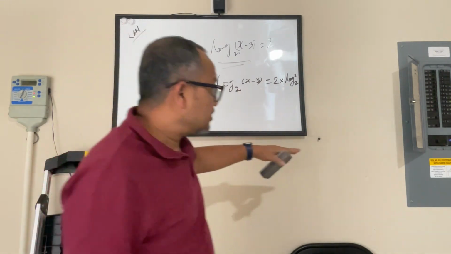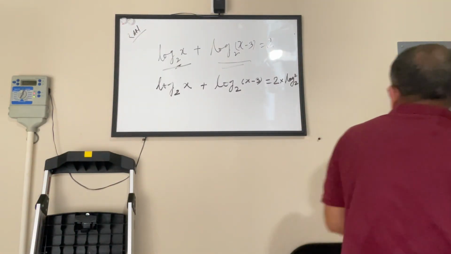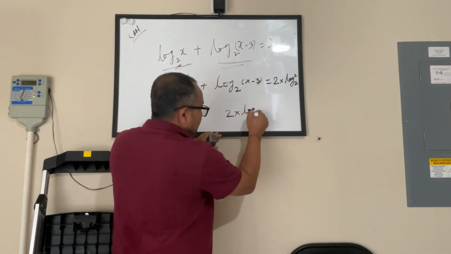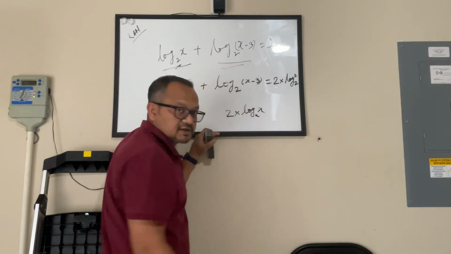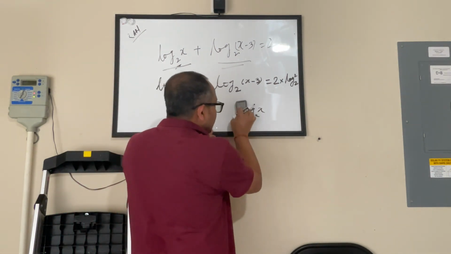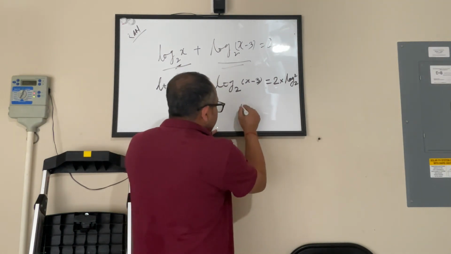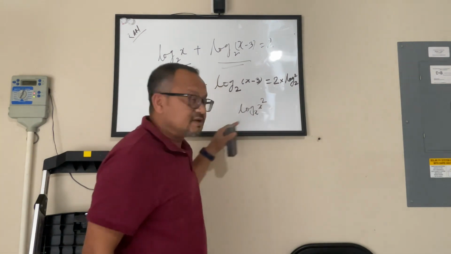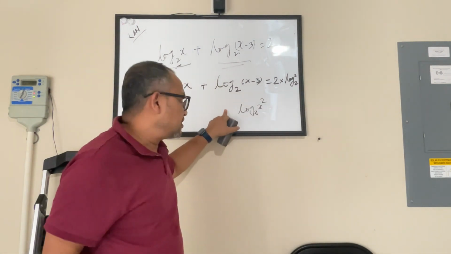Now, other thing to remember here is, if I have 2 into log of something, let's say log x, base x. What this means is, if I want to make it further simplified, I can write this as log x square, because this power 2 comes here, like what we have learned before.